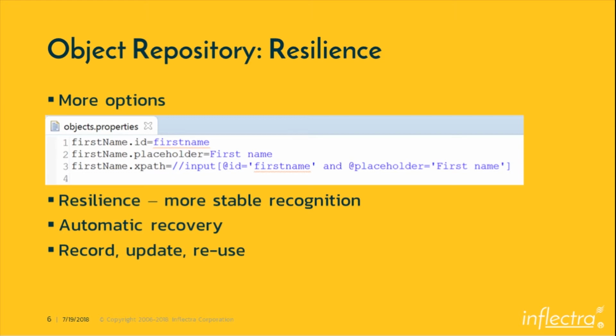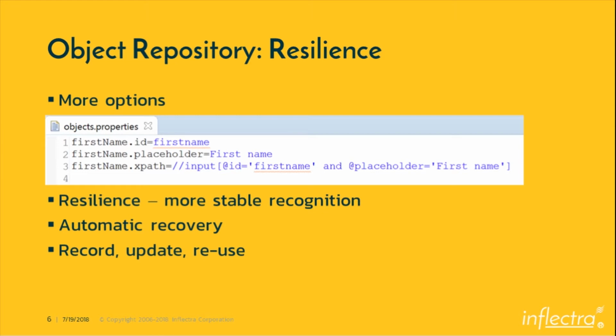In this case, if something is modified within the application, we have more options on how to recover at runtime by just trying different location options, and this gives us more flexibility.